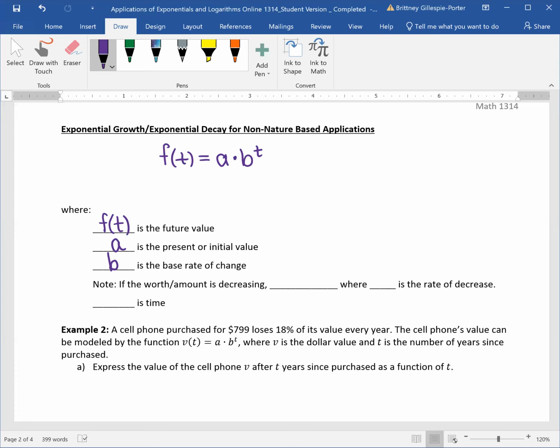But note, when our worth or amount is decreasing, b is going to be equal to 1 minus r, where r is the rate of decrease. And t is our time.